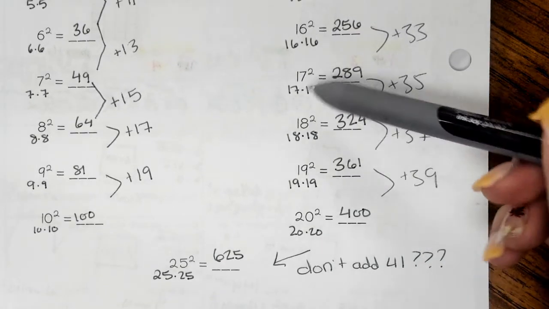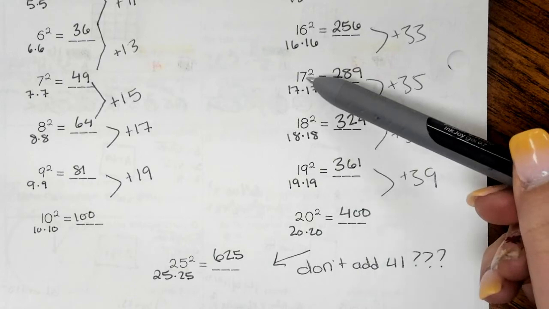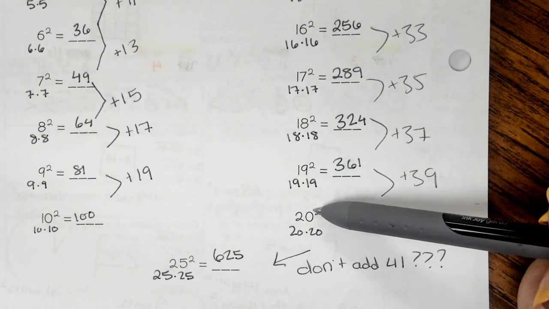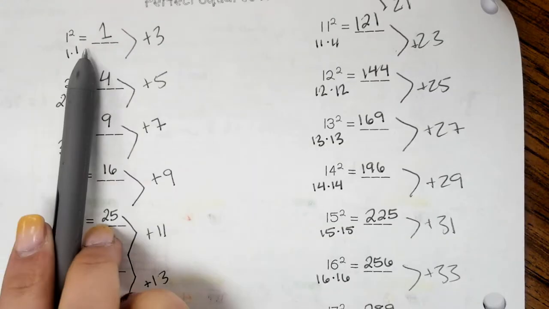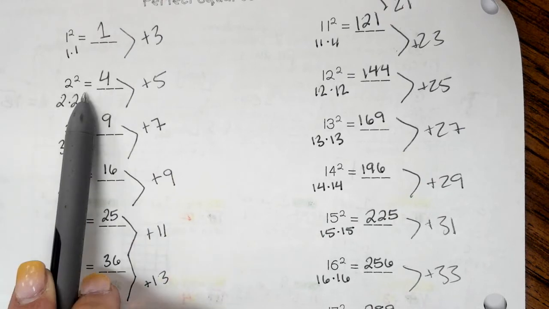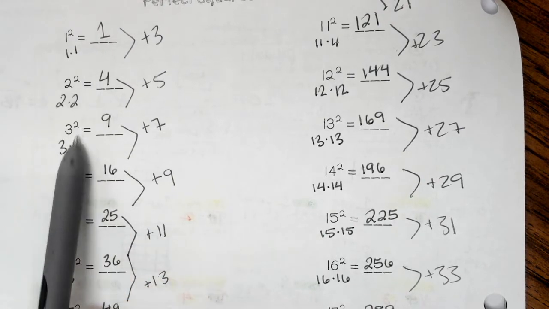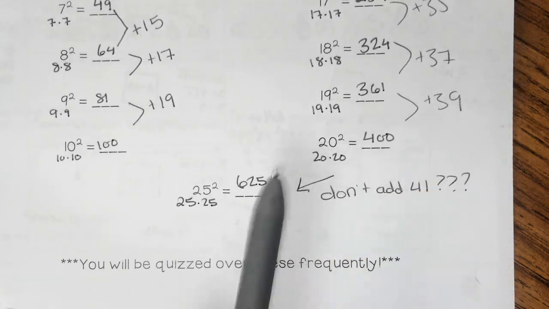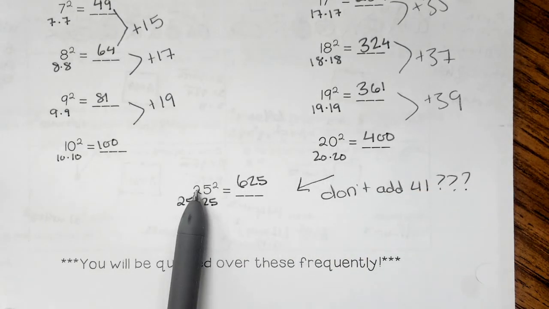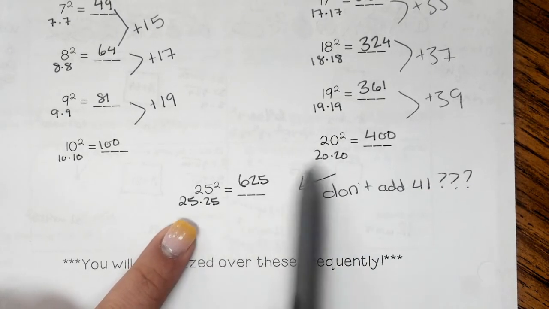You'll notice that when I was increasing the square number, I was just increasing the integer by 1. 1 squared went to 2 squared, went to 3 squared. You're just adding 1 here. But when you go from 20 squared to 25 squared, you're skipping 5 integers there.